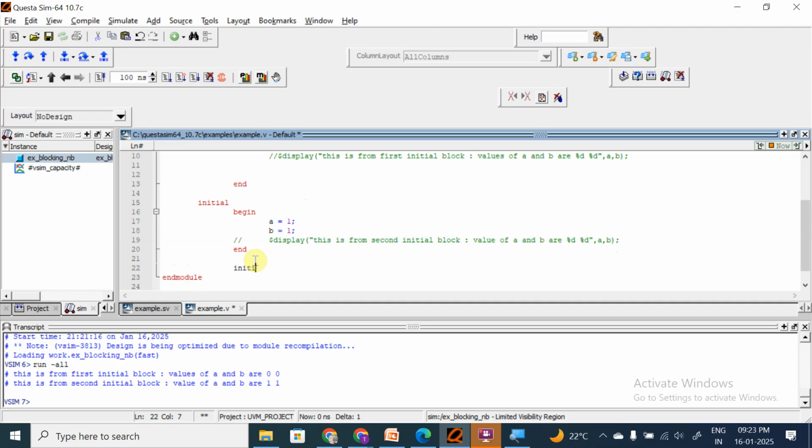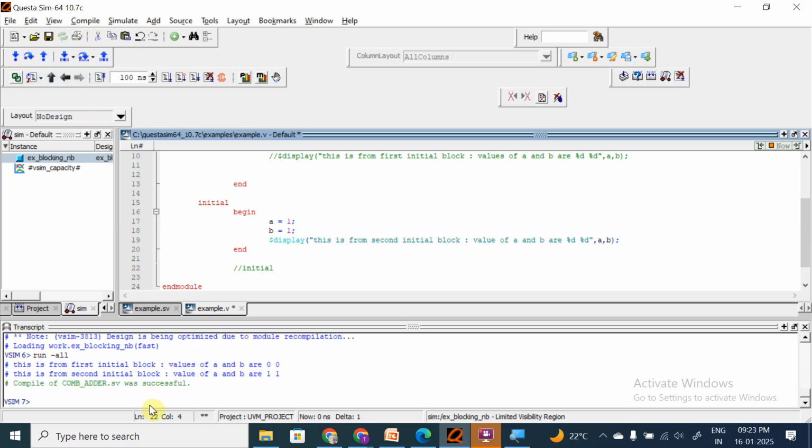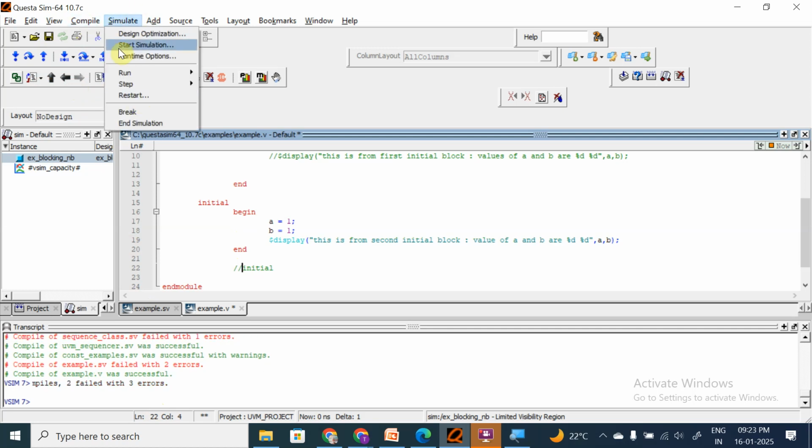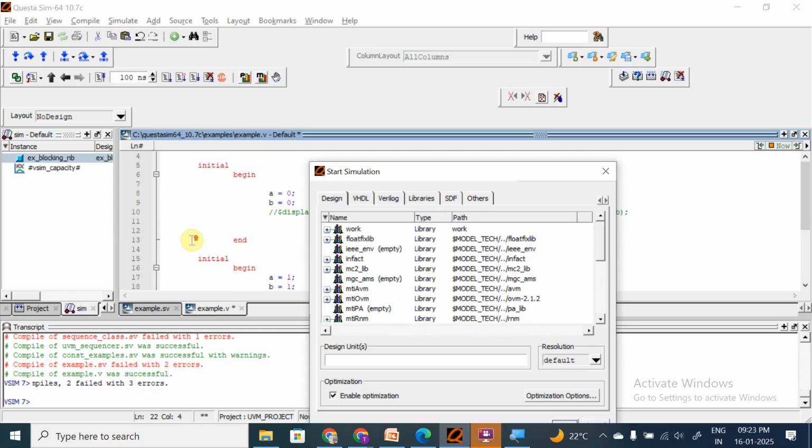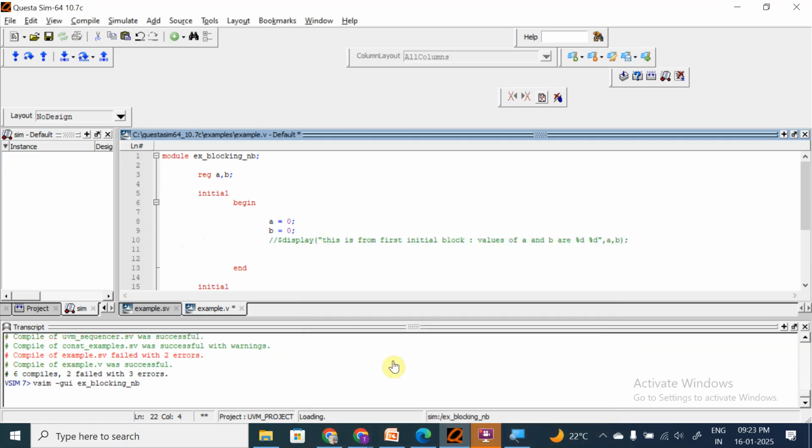So what happens if we remove $display from the first initial block? Let us include this only. Compile selected. Start simulation.